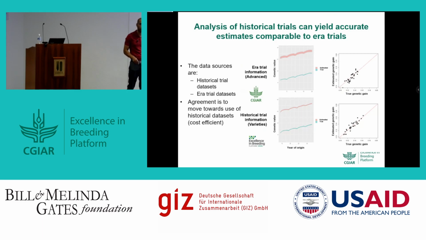Yes? What is an error trial for? Ah, okay. Then let me take a step back. So the error trial is a specific type of trial that you design for measuring the genetic gain.